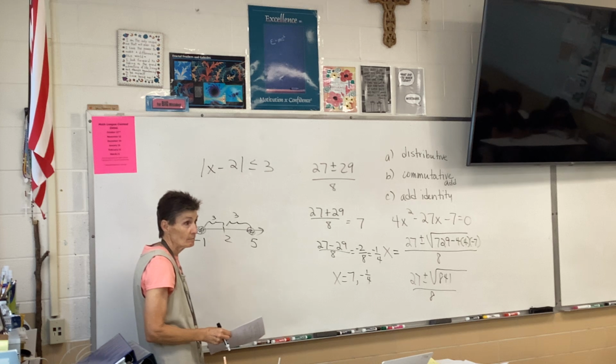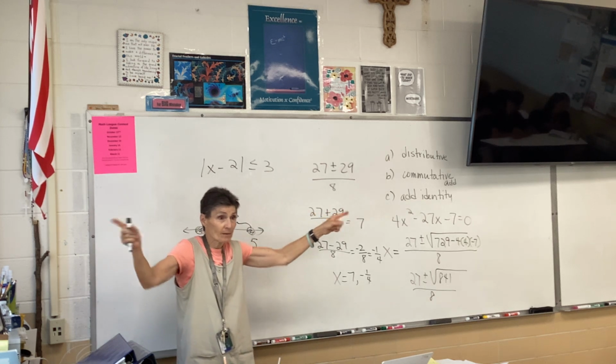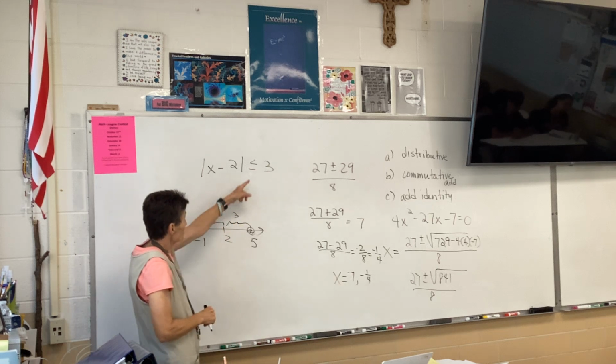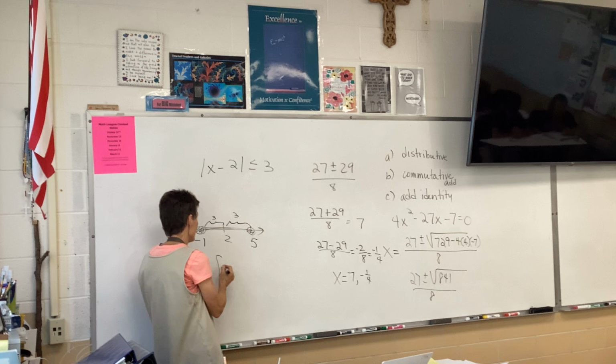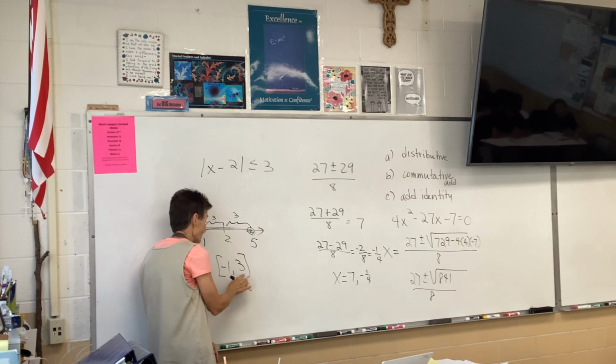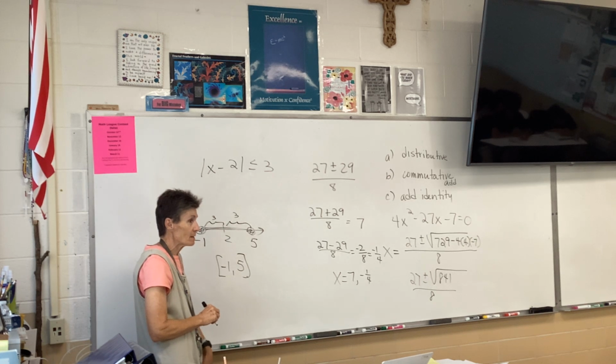And then I'm going to shade. And when there are 2 dots, I'm either going to shade out or in. So this one is going to be in. So my answer is -1 to 5. I'm using brackets because my dots are closed. Right?